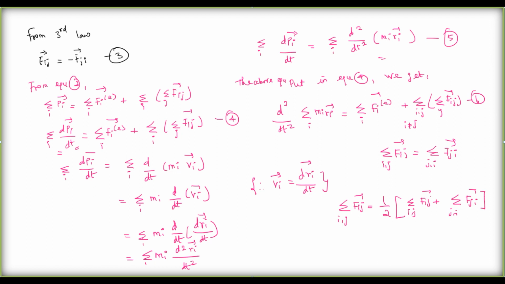I hope you understand. Then next, by using Newton's third law, Fij vector is equal to minus Fji vector.